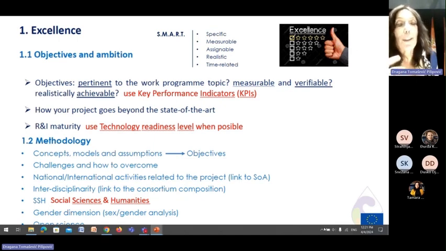indicate the need of interdisciplinarity, which is also related a little bit to the need of partners, geographically, but also interdisciplinarity. Social sciences and humanities is basically a group of disciplines that includes, for example, sociology, anthropology, economics.